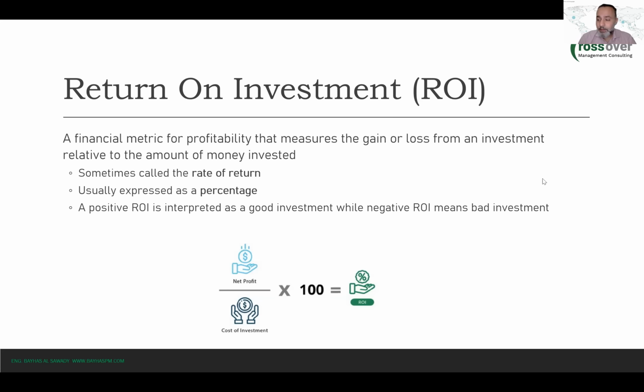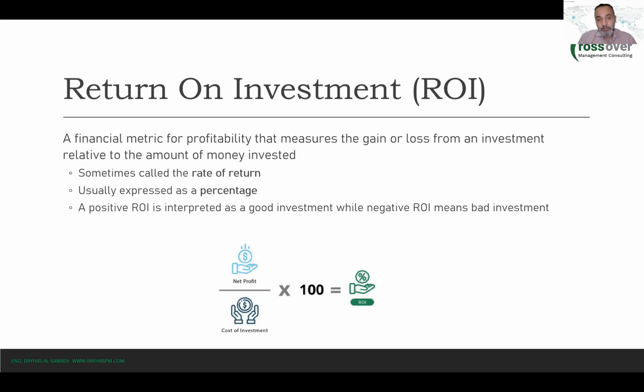Now, the return on investment is pretty much easy to calculate. You have this formula here: the ROI is the net profit that we forecast of the project, so what is the net profit of the project, over the cost of investment. So how much do we need to invest in total, considering also the cost of the capital, and multiplied by 100% to create a percentage.